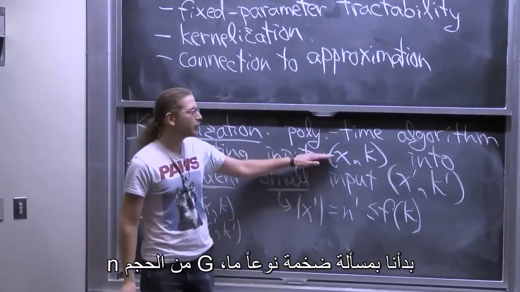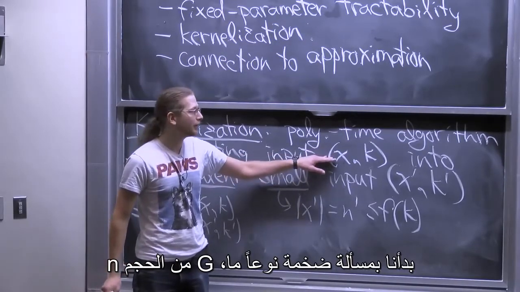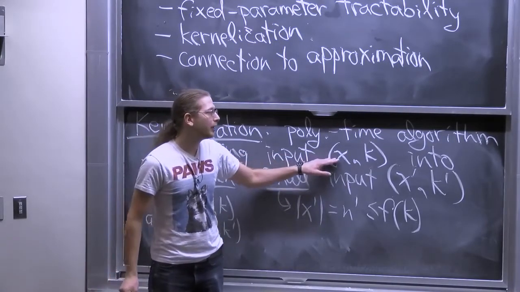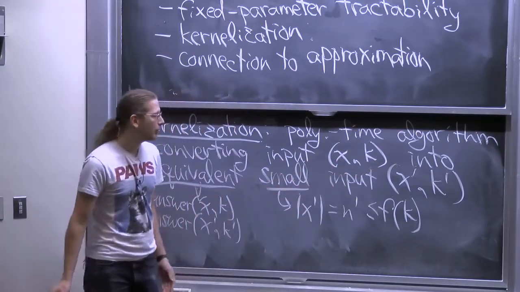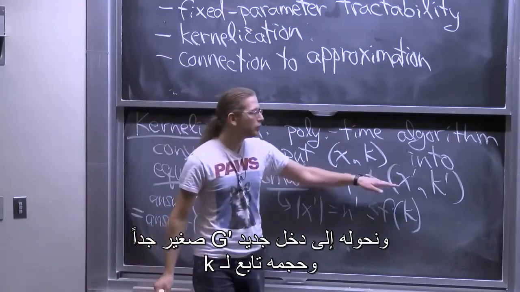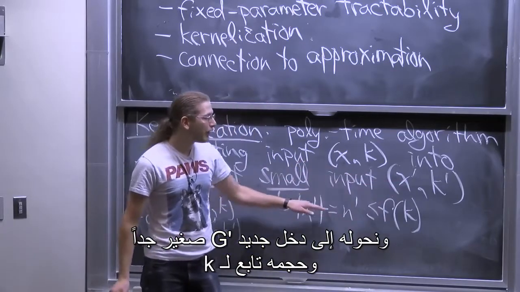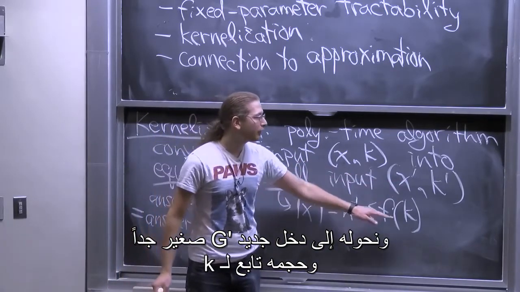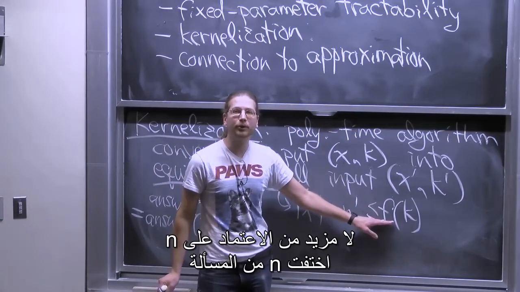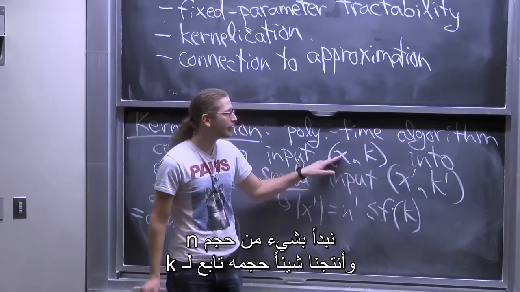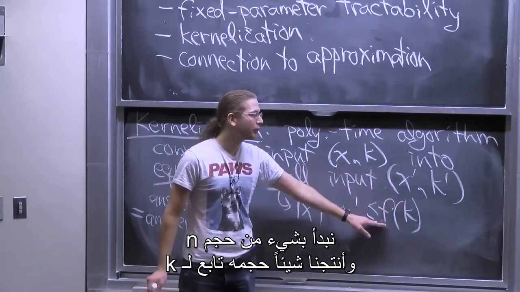So we started with probably a giant problem. x has size n. And we have a parameter k, which we presume is relatively small. And we convert it into a new input x prime that's very small. Its size is a function of k. No more dependence on n. n has disappeared from the problem. Okay, we started with something of size n. We produced something whose size is a function of k.